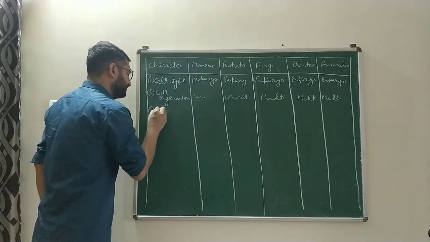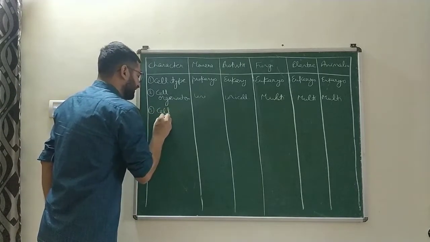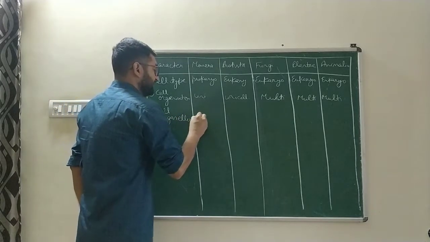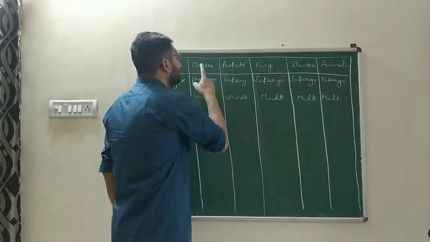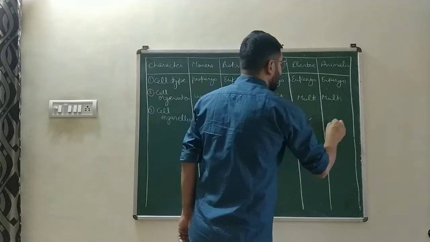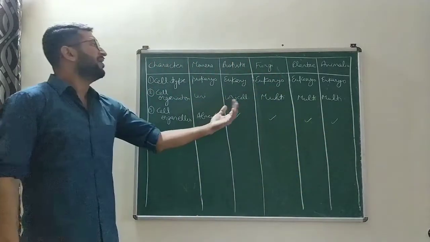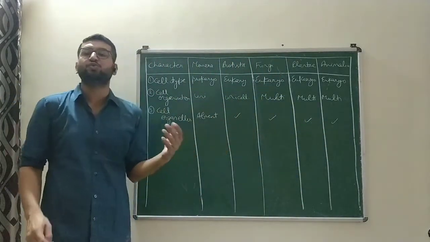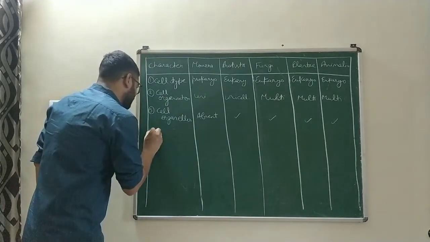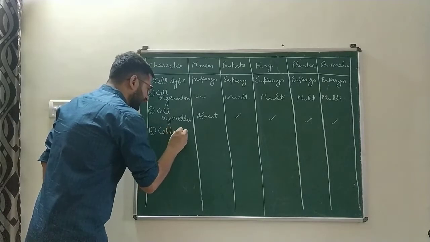Next, cell organelles. The membrane-bound cell organelles. These are absent in Monera, and the membrane-bound cell organelles like mitochondria, chloroplast, they are present in all the other 4 kingdoms which have eukaryotic cell composition. Next differentiation is on the basis of cell wall.